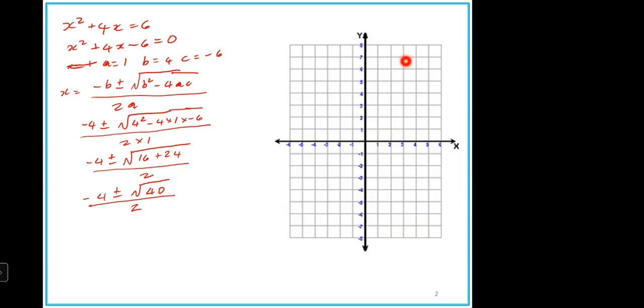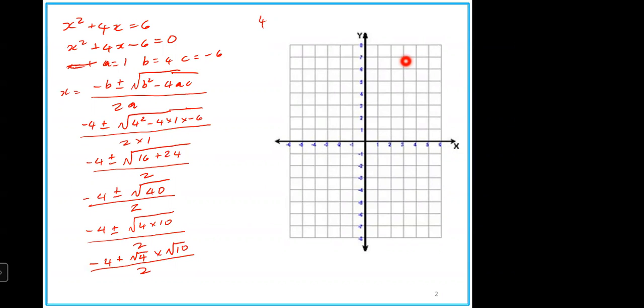Now, 4 is a perfect square, so you could break that into minus 4 plus or minus the square root of 4 times 10 over 2. 4 is a perfect square, so you could break that into minus 4 plus or minus the square root of 4 times the square root of 10 over 2.